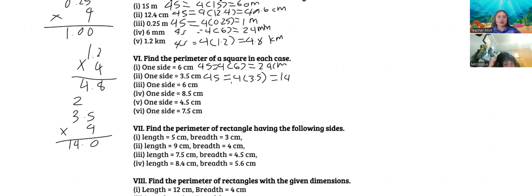It's 14 centimeter. How about for Roman numeral number 3? Very good. How about for Roman numeral number 4?